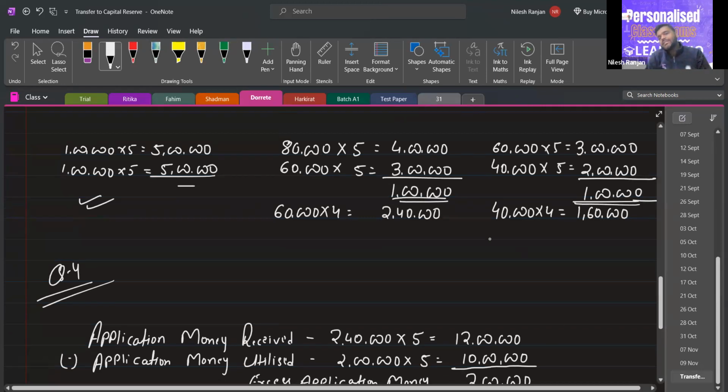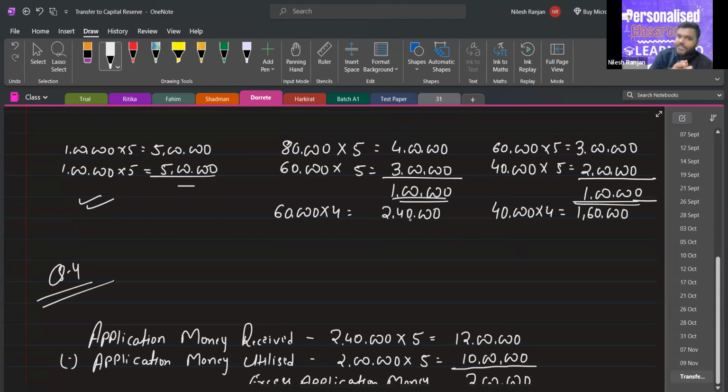I was checking this because if the amount is excess after payment of allotment, then it is called calls in advance. Sometimes there is information in the question that after allotment we have to refund them, so in that case you have to refund the money.